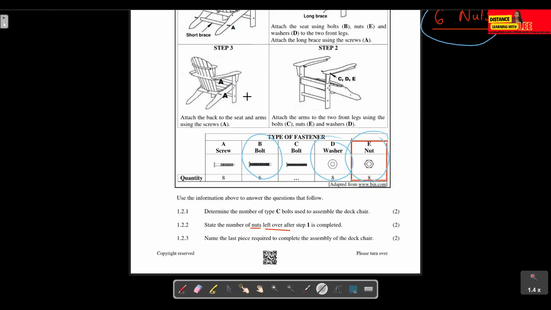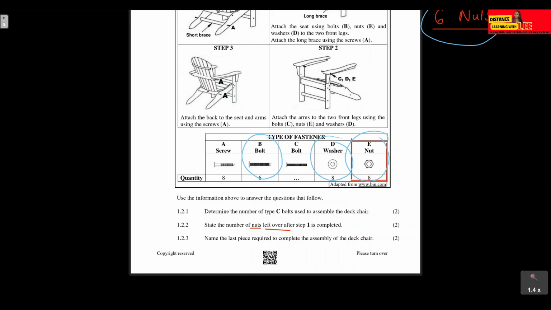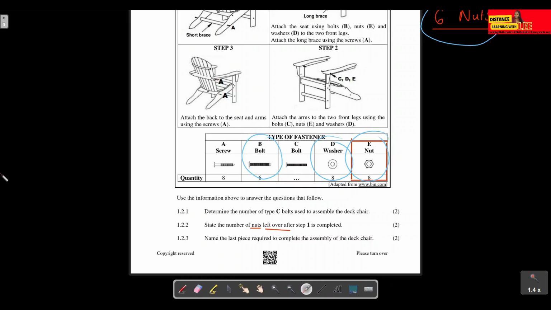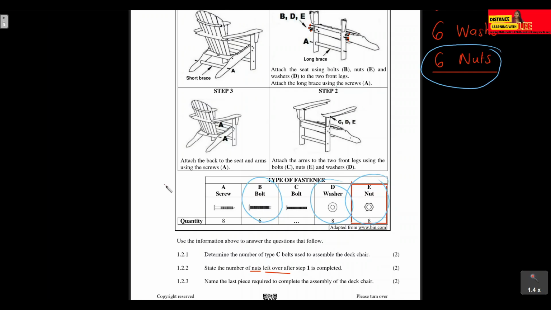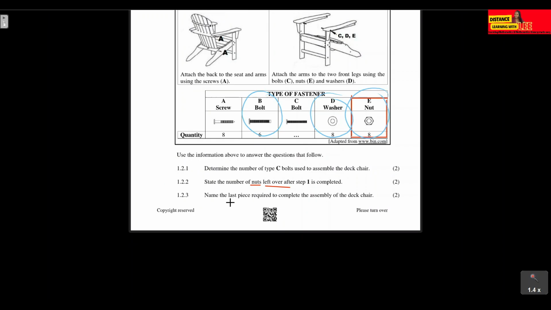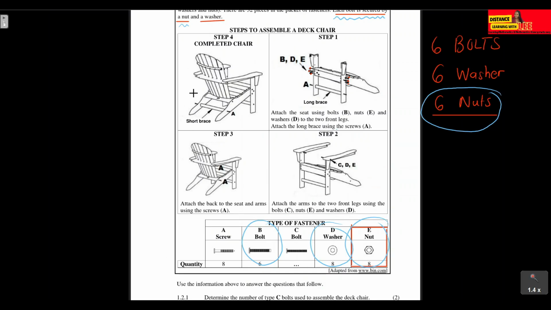Let's have a look at the last question for question 1.2. It says, name the last piece required to complete the assembly of the deck chair. Here, we're not going to complicate our life. We're just going to go to the last step, because they want the last piece that is required to complete the assembly. When you go to the last step, what is the last piece that is added here?